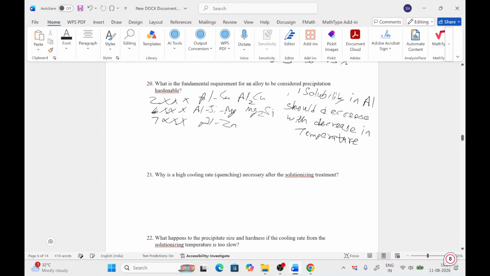As the solubility decreases, the precipitates form from the solid solution of aluminum copper, aluminum silicon magnesium, and aluminum zinc. Precipitates form by this process. Okay, so this is the fundamental requirement: solubility in aluminum should decrease with the decrease in temperature.